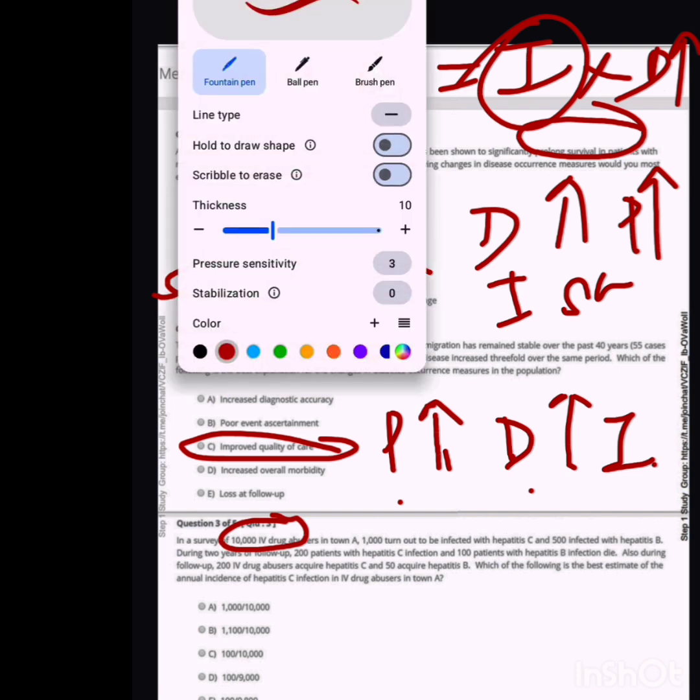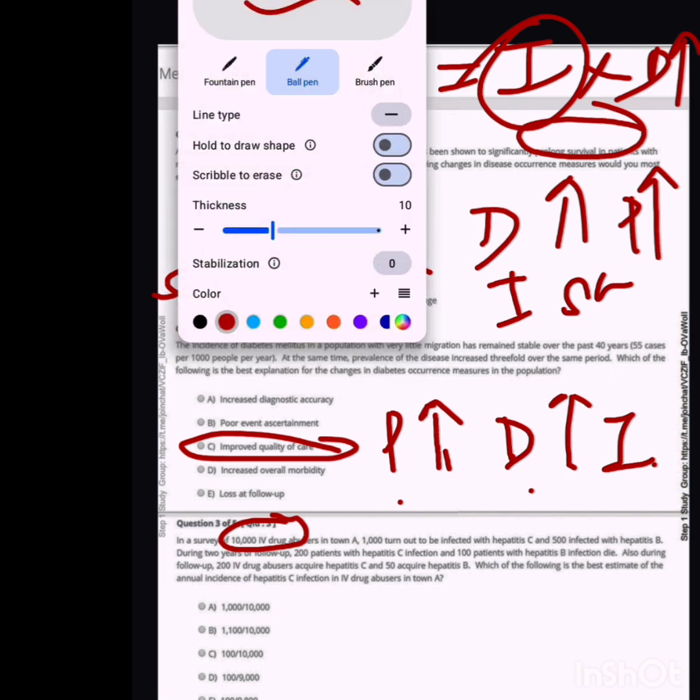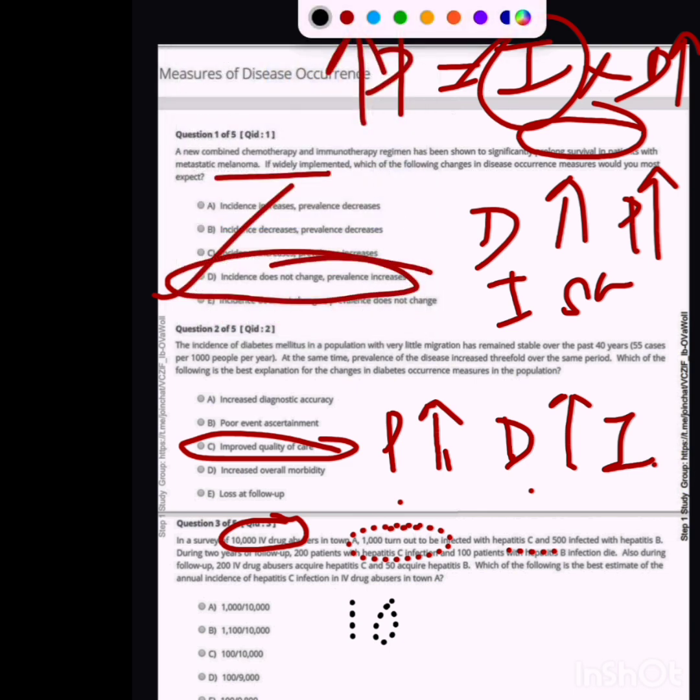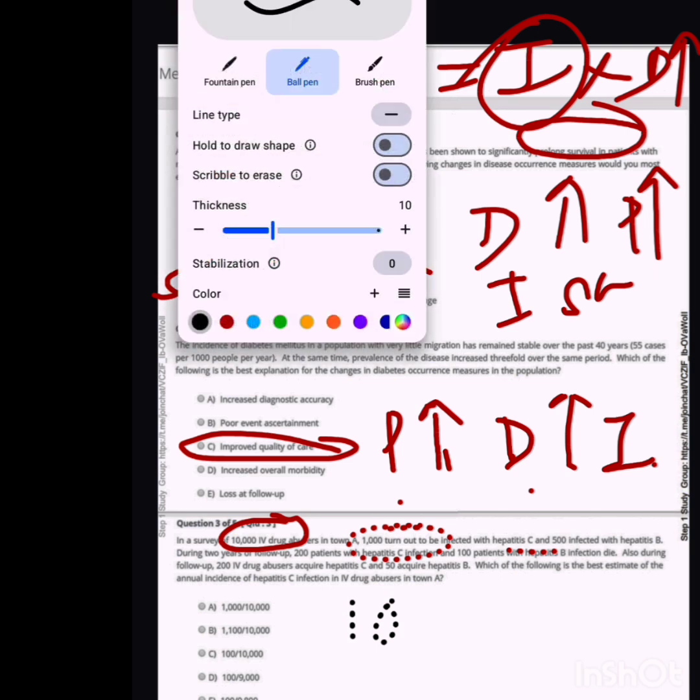It's written that in a survey of 10,000 IV drug abusers, 1,000 turned out to be infected with hepatitis C. So 1,000 are already infected, so we can't do anything about them.